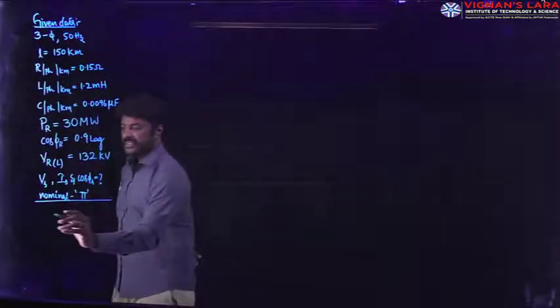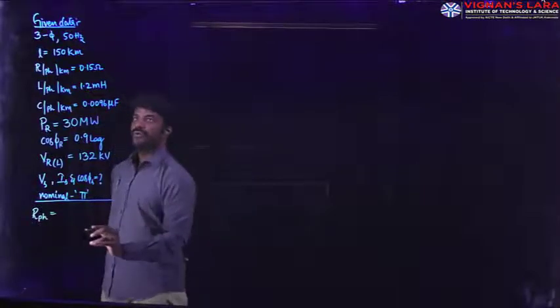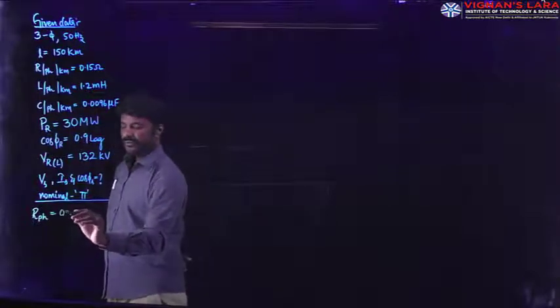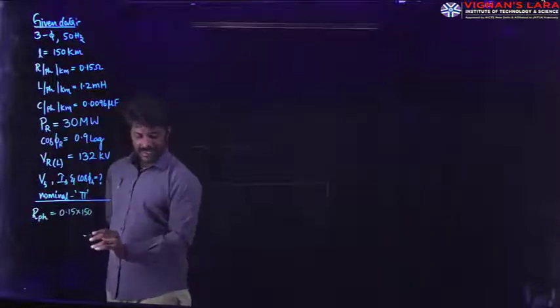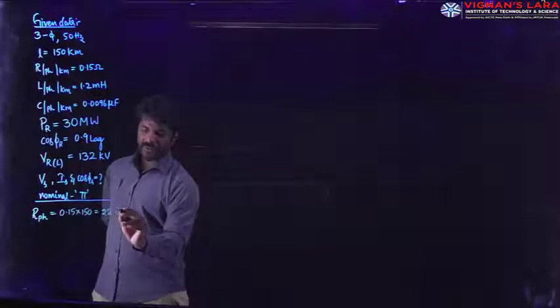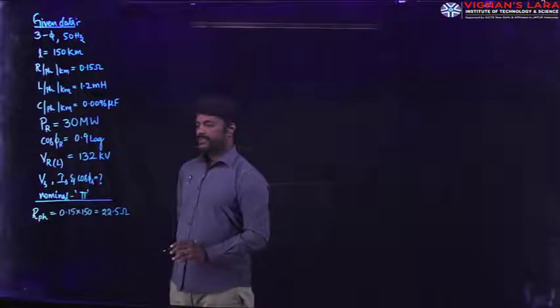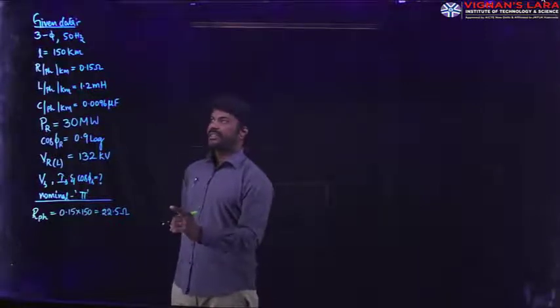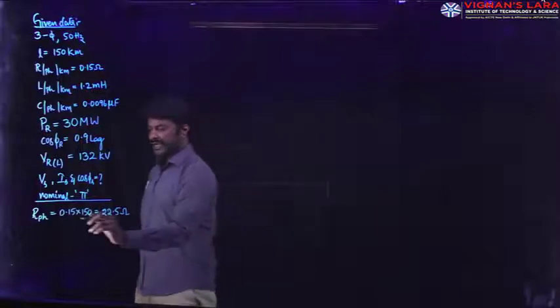The resistance per phase for the entire length, R phase, is 0.15 multiplied by 150 kilometers, which gives 22.5 ohms. This will be used directly as 22.5 ohms for the entire network.